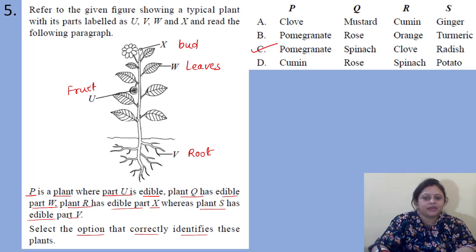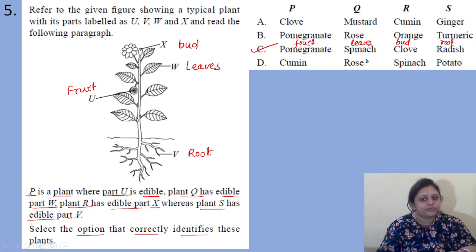So in pomegranate, the fruit is edible. In Q, W, that is the leaves, are edible. So in spinach, leaves are edible. In R, X, that is the bud, is edible. So in clove, the bud is edible. In S, V, that is the root, is edible. So in radish, the root is edible. That's why the correct answer is option C.